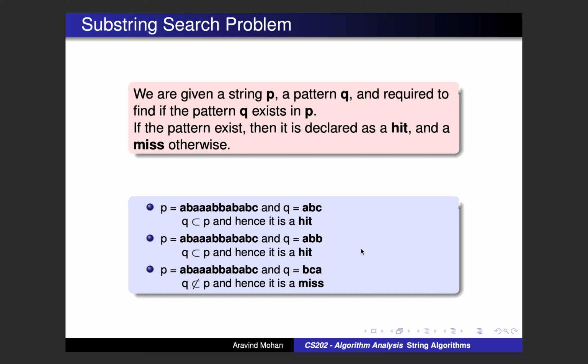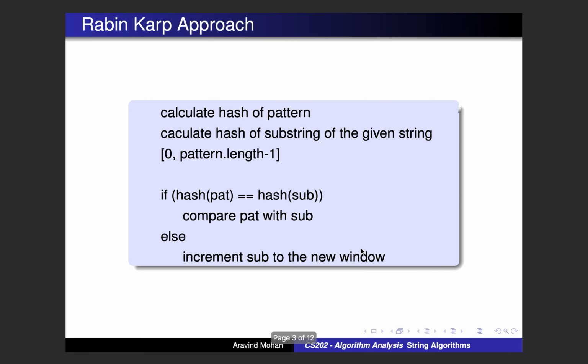The brute force approach that we solved in the last session clearly has a quadratic running time in the worst case, especially if the size of the pattern is nearly equal to n.